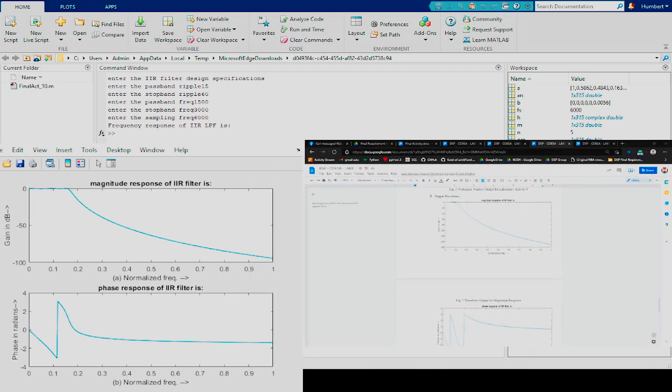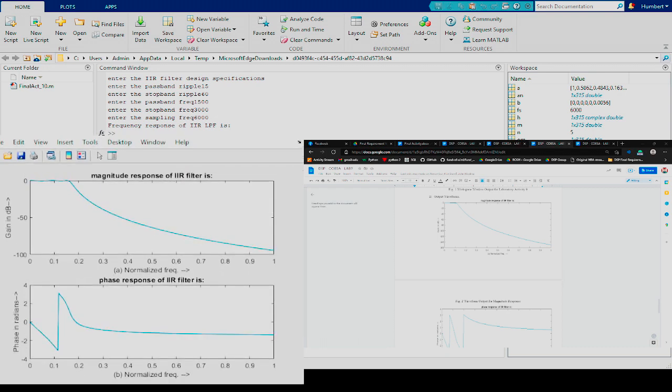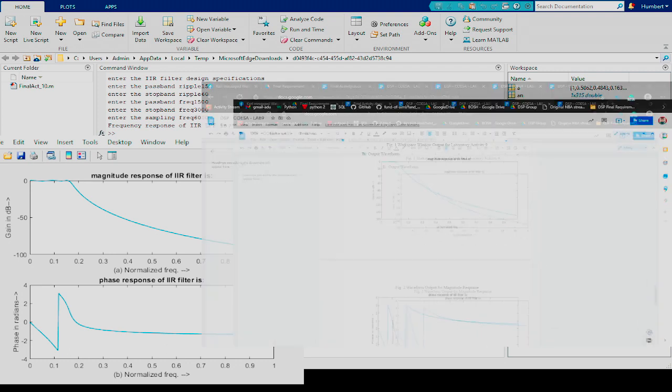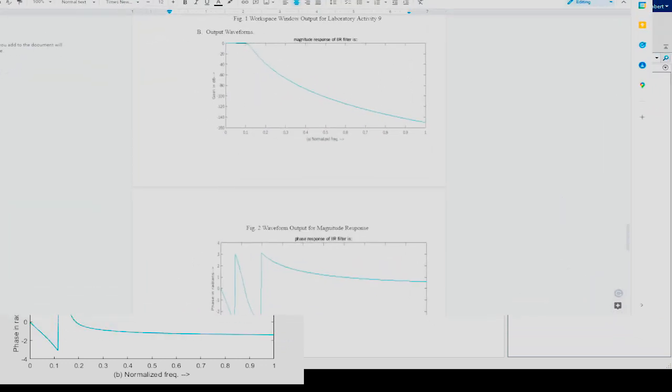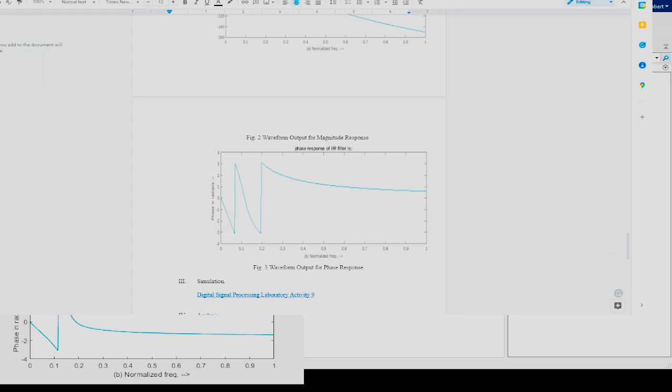With the Chebyshev, there's only one downward curve and then a sudden rise and then decreasing numbers, while in the Butterworth, in the laboratory activity, you can see it went up and down, and then it flattens afterwards. That's all.